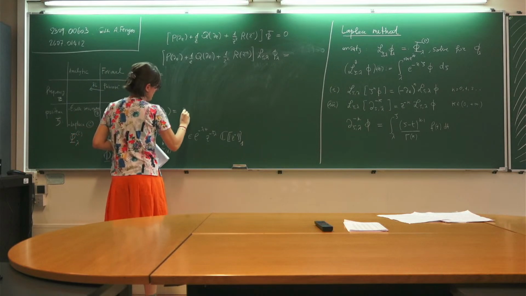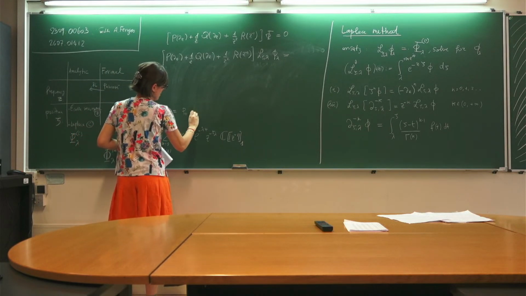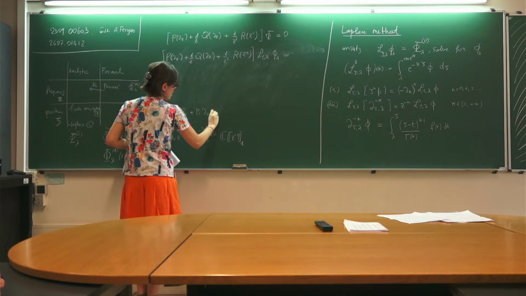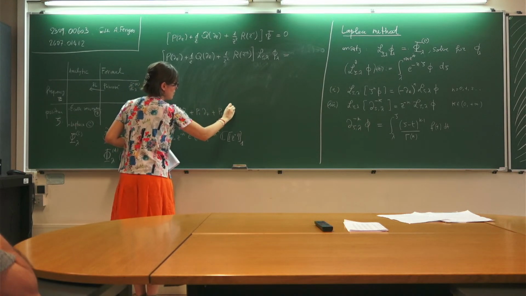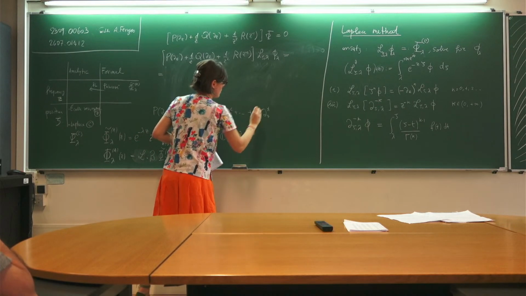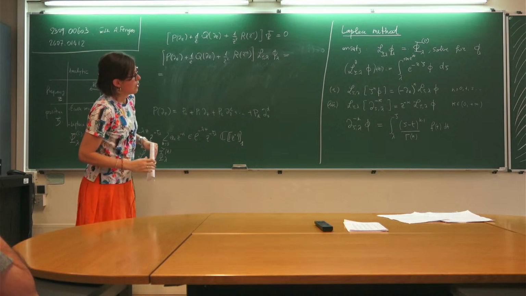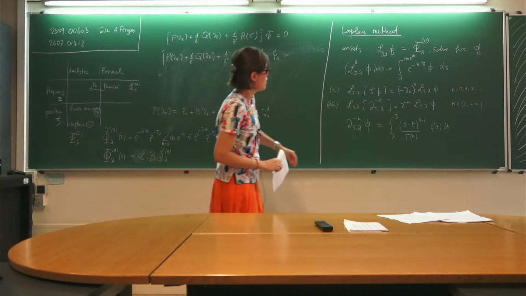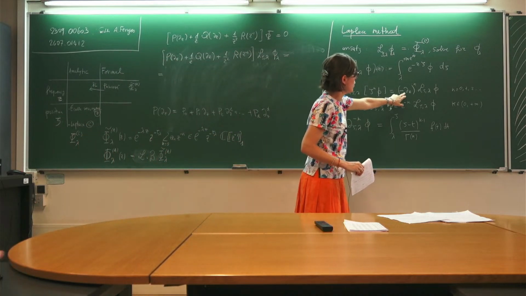It's just P0 plus P1 first derivative, P2 second derivative, and you go to PD this derivative. Okay, so in particular, you are going to use this operation.